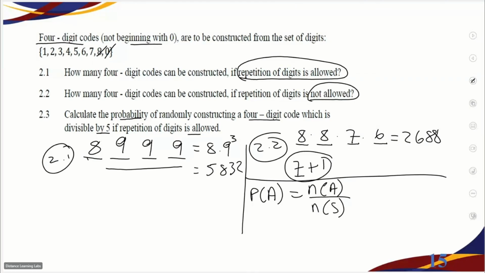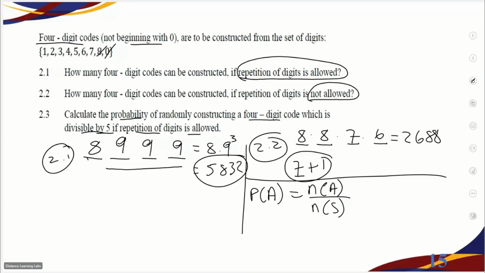The condition is a code that is divisible by 5 and repetition is allowed. The repetition that is allowed would give us the sample space. Of the two questions, we have the total number of ways where repetition is allowed. We found it to be 5,832, meaning that becomes our sample space where repetition is allowed.